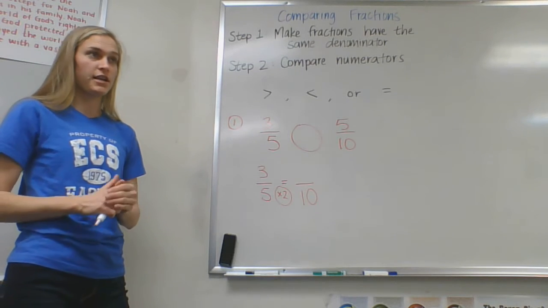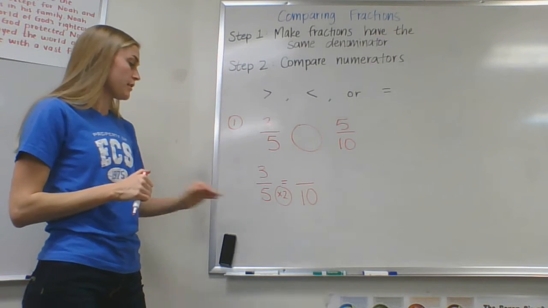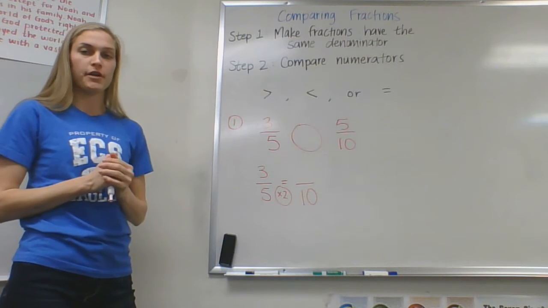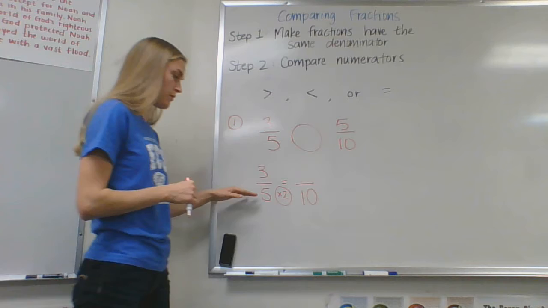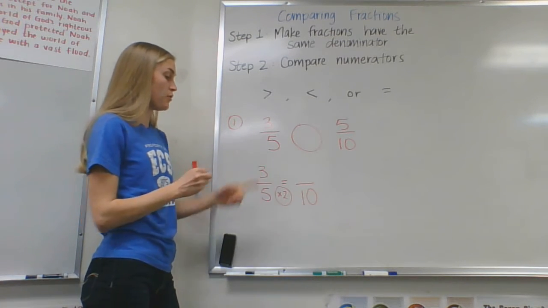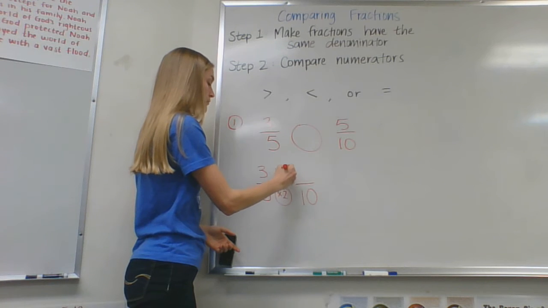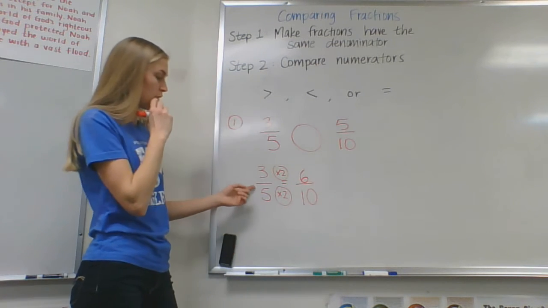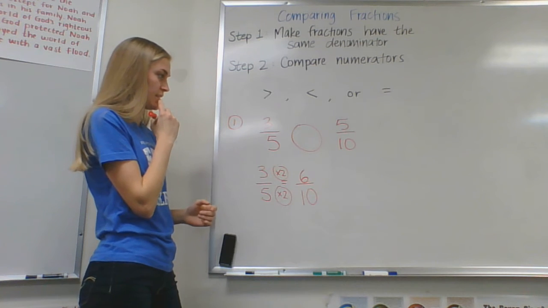We learned yesterday that if we want an equivalent fraction, whatever we do to the denominator, we need to do that same thing to the numerator. So since we multiplied by 2 for the denominator, we multiply the numerator also by 2. 3 times 2 is 6. So 3/5 equals 6/10.